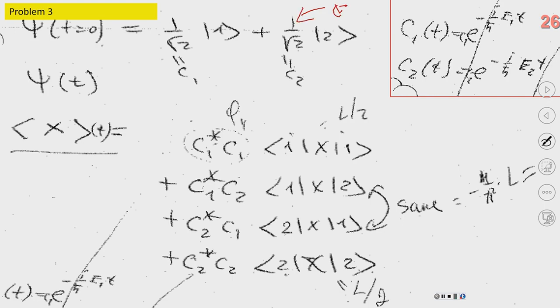But what you are supposed to do is similar: one can get the right answer in many alternative ways, but the quickest way is to get the expectation value in the same way as we did in class. So split the part that depends on position and the part that depends on time.